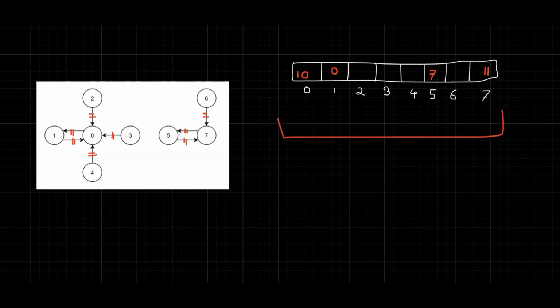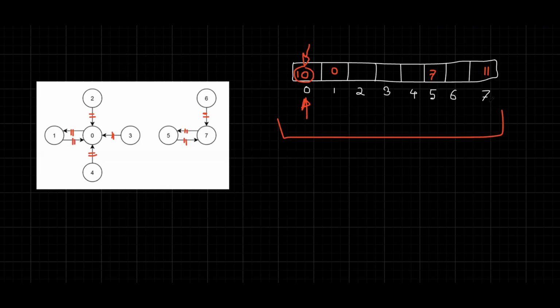Basically, this array means that, for 0, this 10 means the summation of all of the nodes pointing to node 0. This 11 means the summation of all of the node values pointing to node 7.